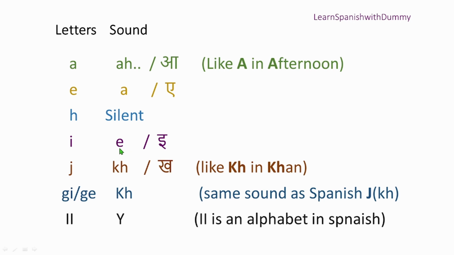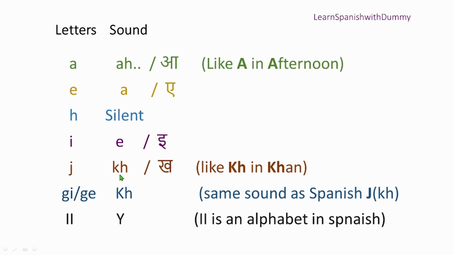It's "ee". So we've got now J. Now the letter J is a bit different. J is pronounced as a "kh" sound in Spanish, just like the word khan, which has a kh sound in the beginning. J is kh, not j.